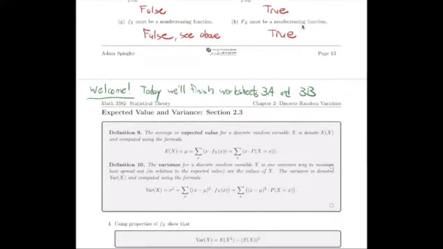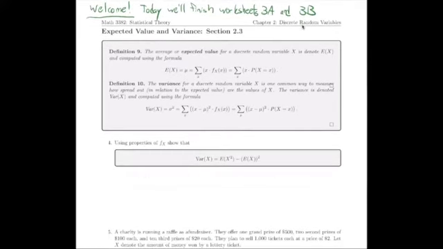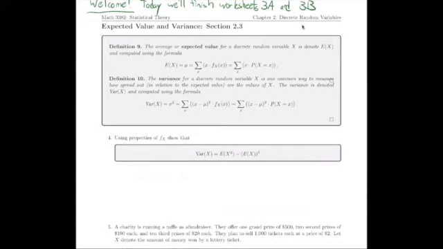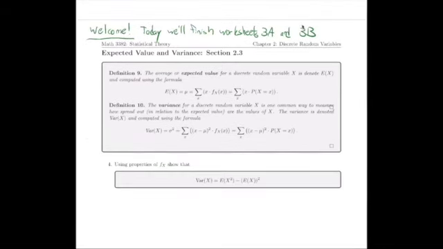Okay, so then I want to talk about a couple of measurements that we can take for a random variable. So one of which is what's called the expected value. The other is what is called the variance. And so we'll be dealing with both of these things quite a bit this semester. So the expected value of a random variable is by definition equal, we denote it with the Greek letter mu, first of all.